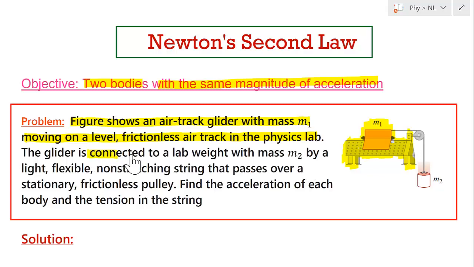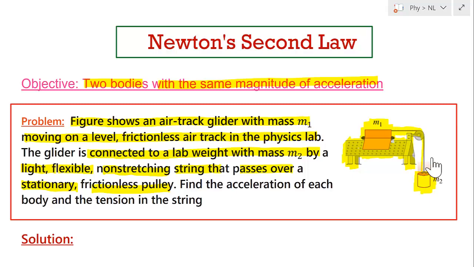The glider is connected to a lab bait with mass m2 by a light, flexible, non-stretching string that passes over a stationary frictionless pulley. So this glider is connected to mass m2, and this bait is kept in the lab. We are simply attaching this mass to this glider using a string.